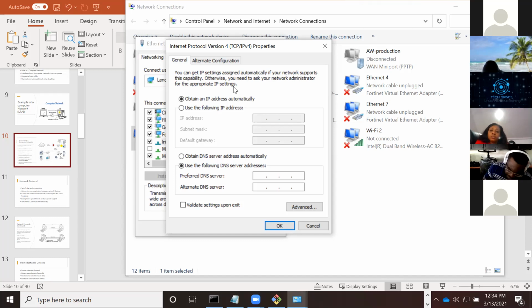For someone's laptop, that may not be as important, but for servers and for the devices you talked about, like the printer, we need that to be static. Did that answer your question? No, I just wanted some clarification, that's all.